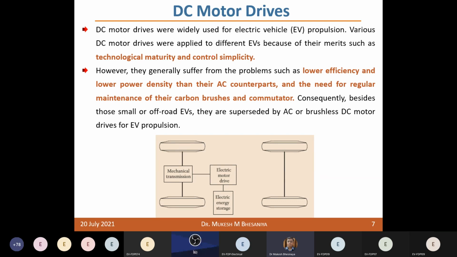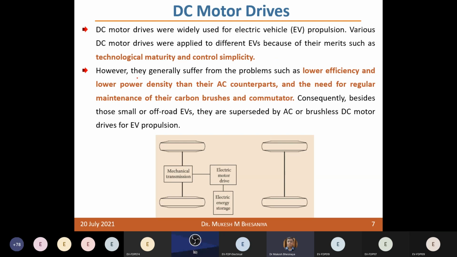Those who are familiar with the control of inverters for an induction motor drive must know how complex it is to implement, in comparison with the DC motor. They are matured and offer control simplicity.